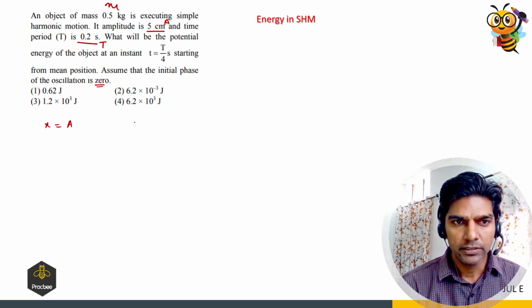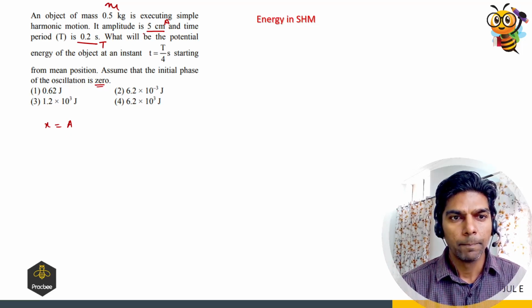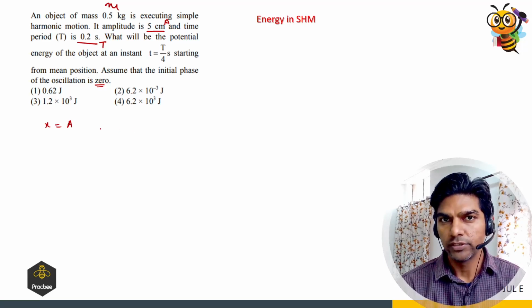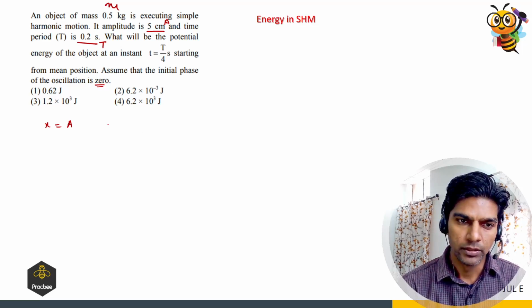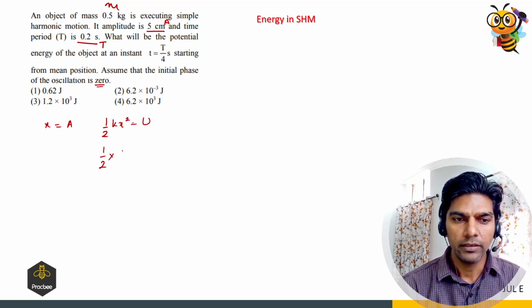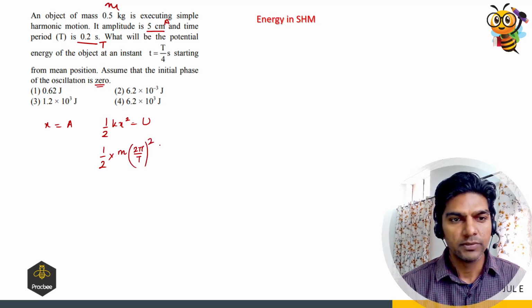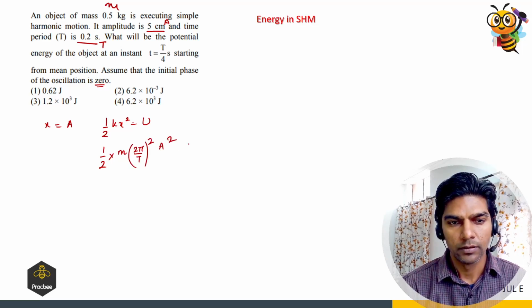And we know the x, and we have to find the potential energy. Here again I'm assuming that the potential energy is 0 at the mean position. So I'm going to use the half k x square formula for the potential energy. So it will be half, and what is k? k is m omega square, and omega is 2 pi by capital T, times x, which will be a.